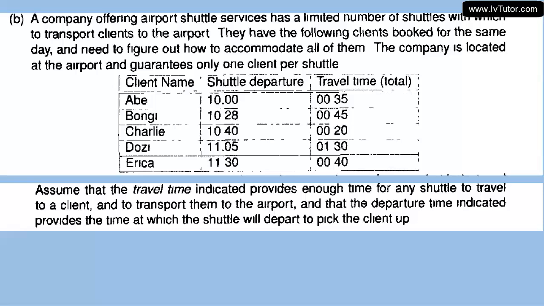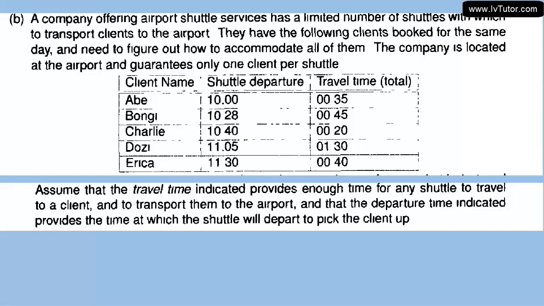A company offering airport shuttle services has a limited number of shuttles with which to transport clients to the airport. The following clients booked for the same day and need to figure out how to accommodate all of them. The company is located at the airport and guarantees only one client per shuttle.